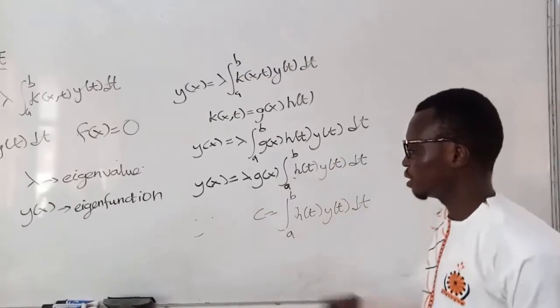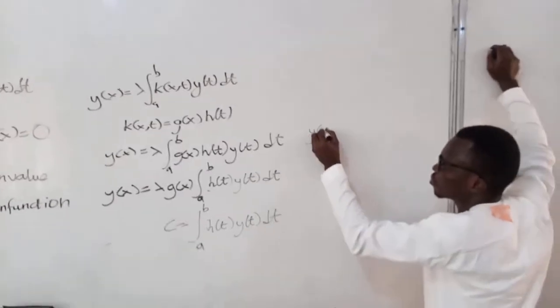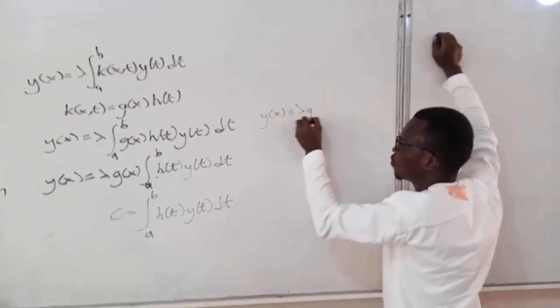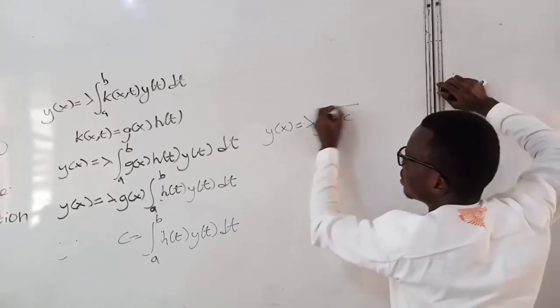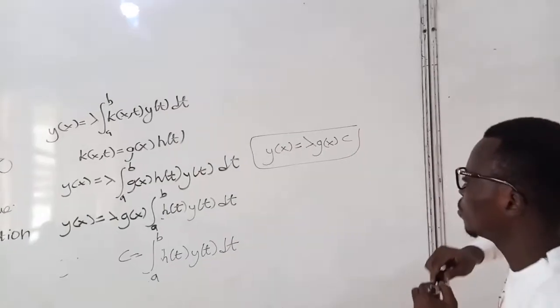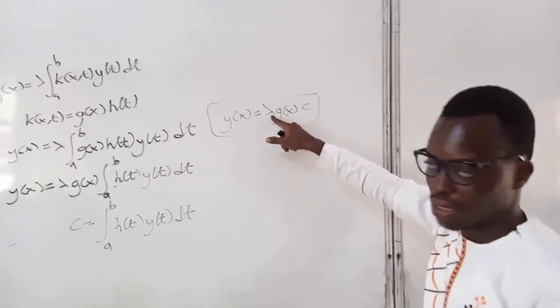Let's substitute this c into the equation. Our y(s) becomes lambda g(s) c. So this is the eigenfunction, and lambda is the eigenvalue, which is a constant.